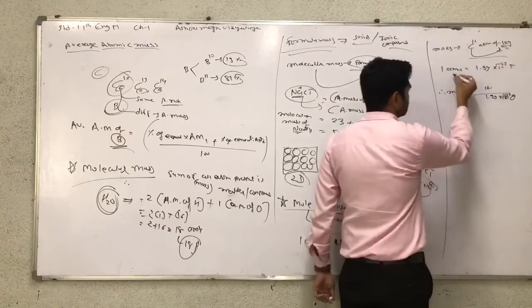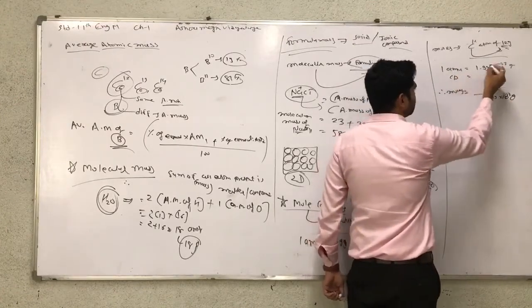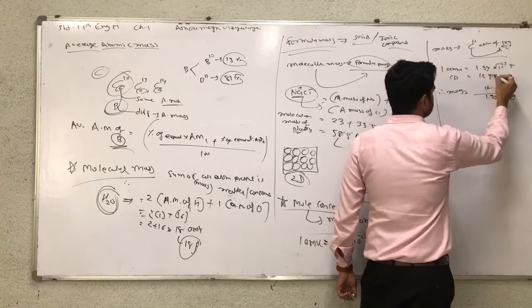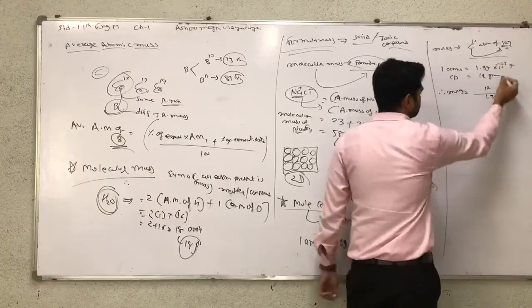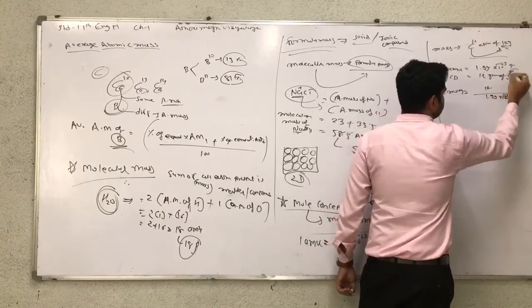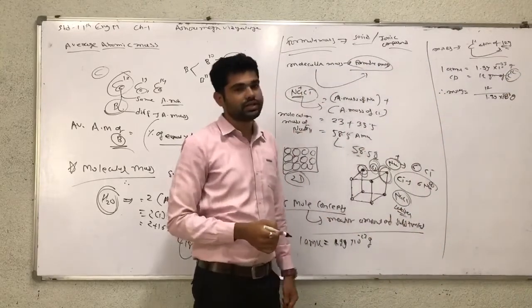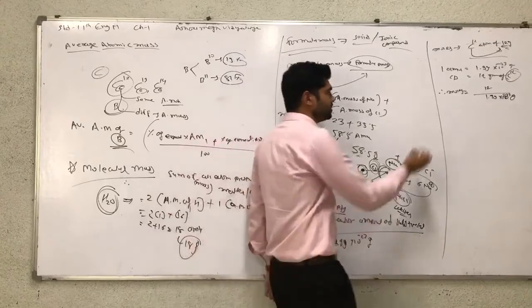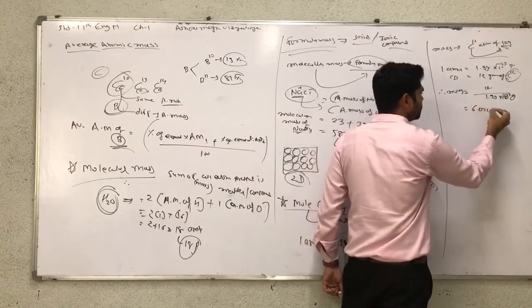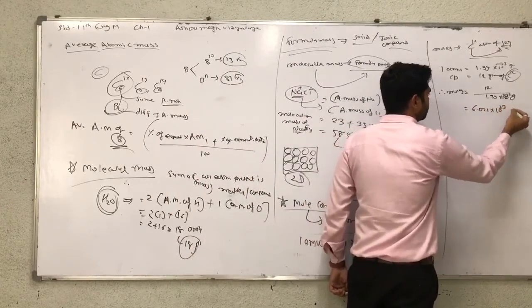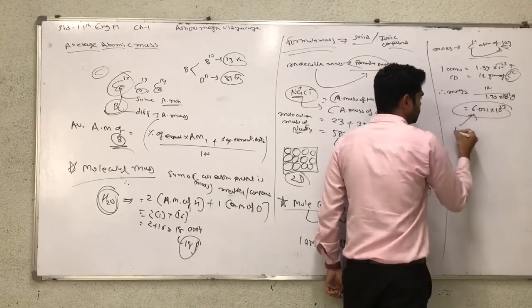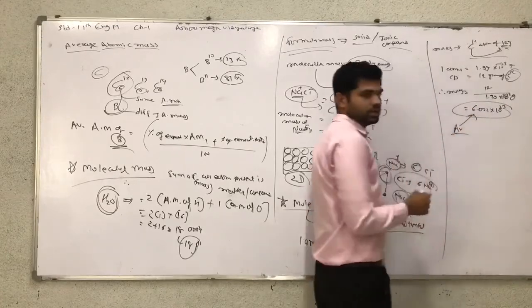So the question here is, 12 grams of C12 atoms is how much weight? So 12 into 1 divided by 1.99. So the answer is around 6.022 into 10 raised to 23, and this number is known as Avogadro number.